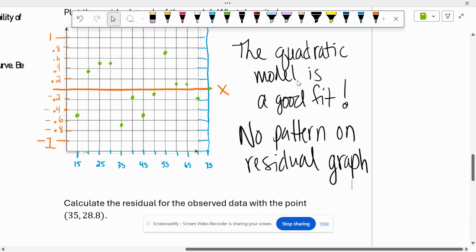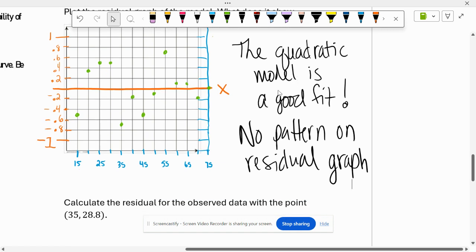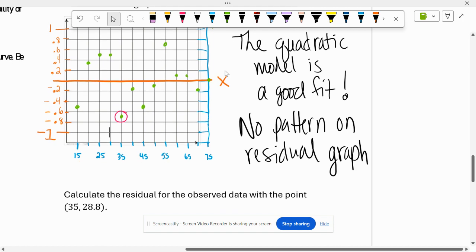It says calculate the residual for the observed data with the point 28.8. Well, when x is 35, my residual is what? That's this point right here. What is that point right there?